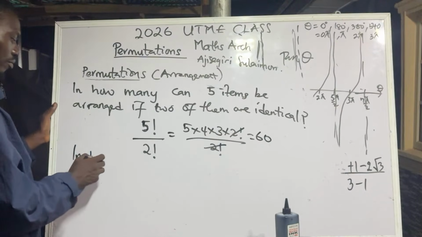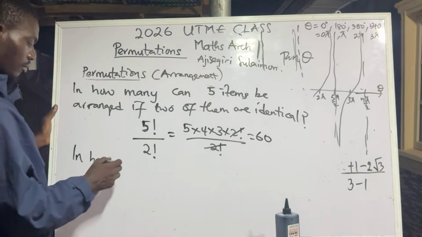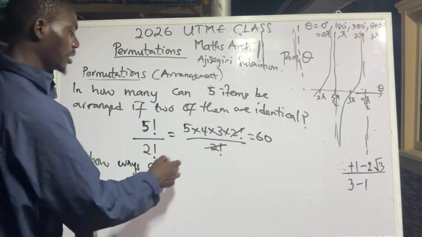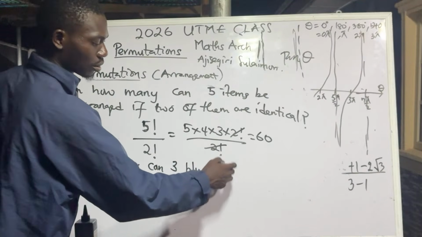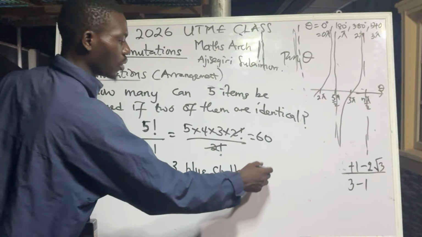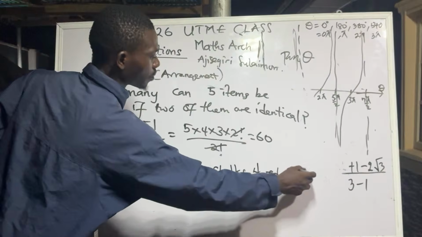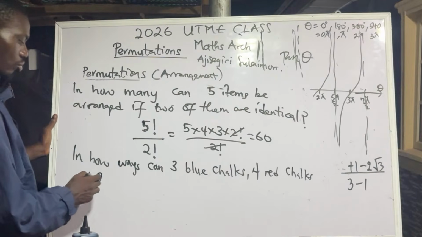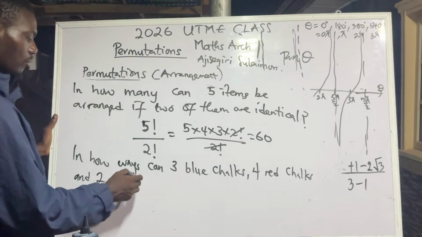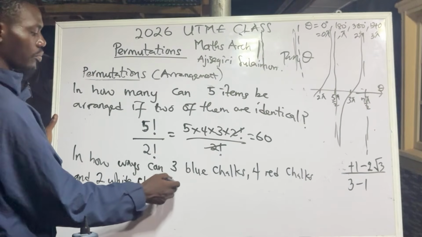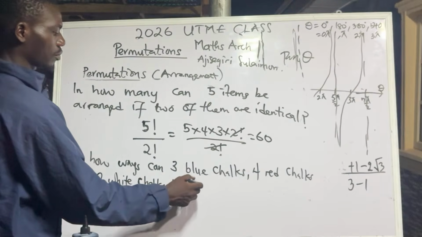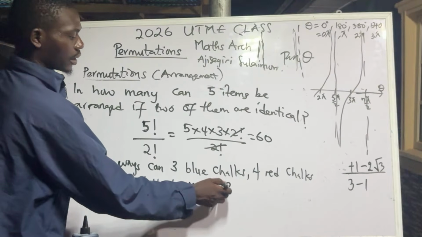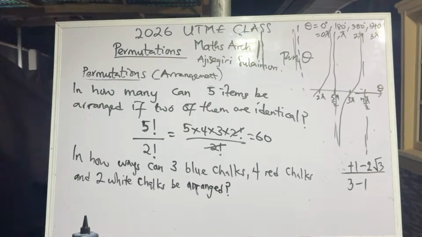Okay? Now, another good example. In how many ways can 3 blue chalks, 4 red chalks, and 2 white chalks be arranged, assuming the chalks are of the same size?